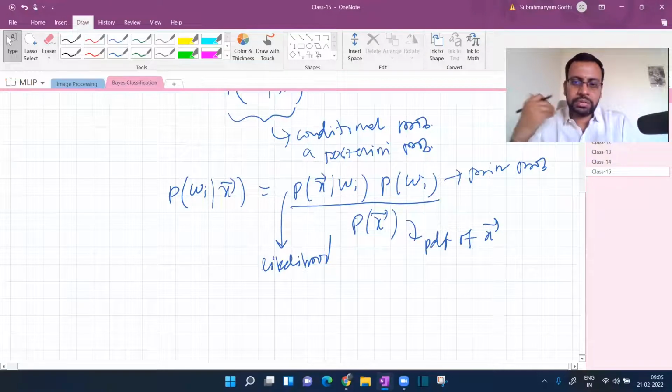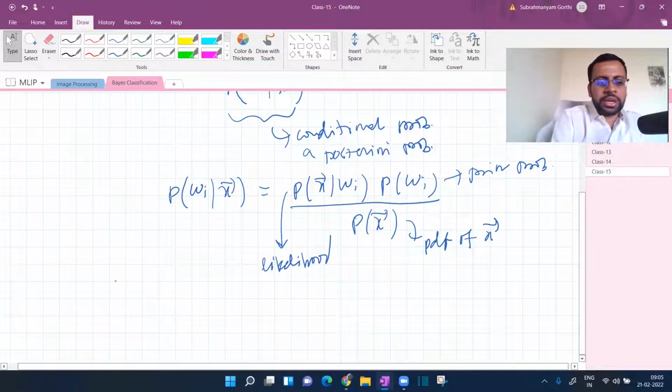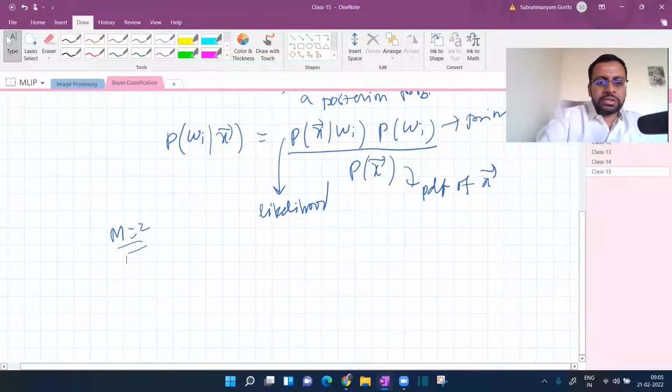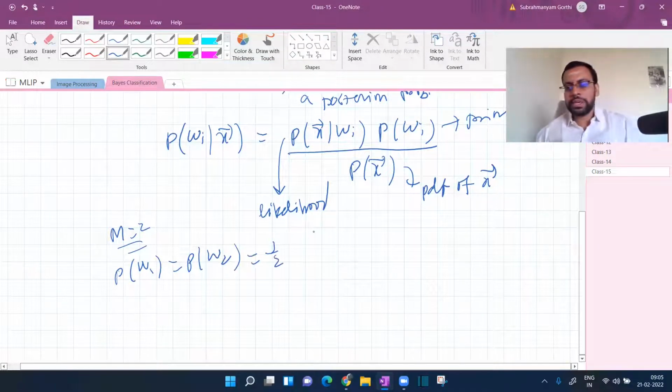For example, we considered there are two classes and did some analysis on that. To draw some inferences and get some intuition, we began with some simple cases, then we started generalizing that.